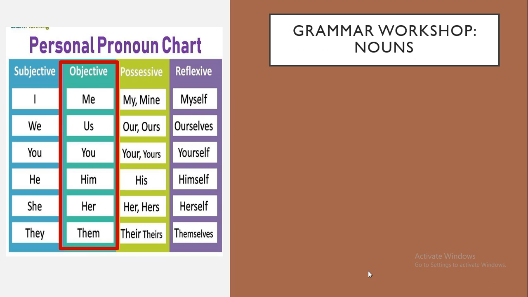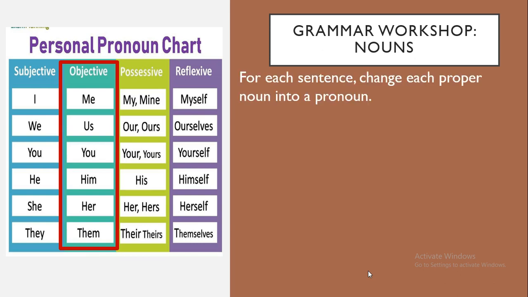And so I'm going to go ahead and model for you how you use these objective pronouns that we have boxed in right here. And so just like we've been doing for each sentence, you're going to change each proper noun into a pronoun. For example, she was acting very weird around Michael today. So the first thing I'm going to do is identify my proper noun. So where do I see a specific noun?